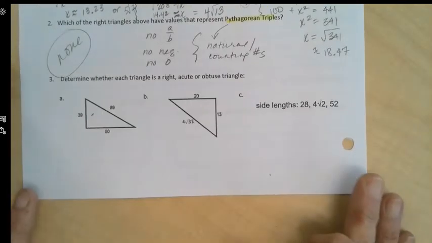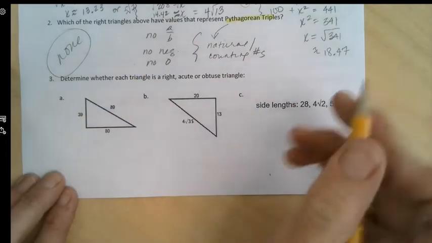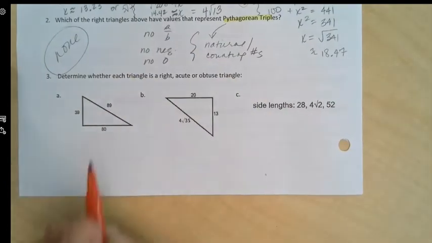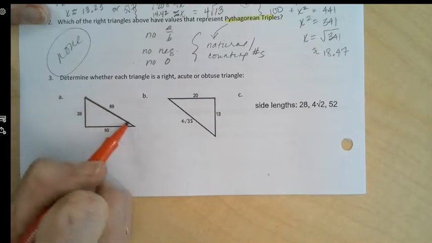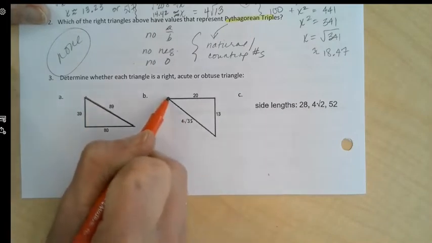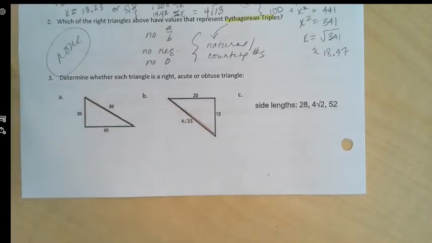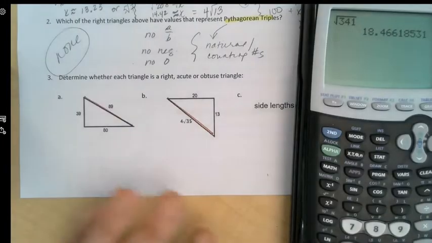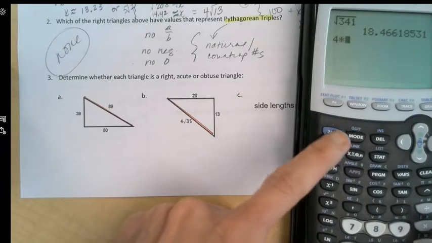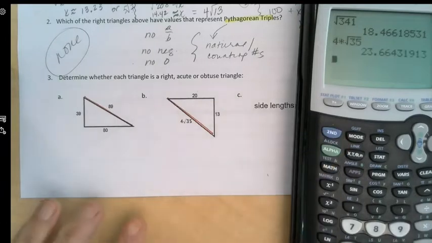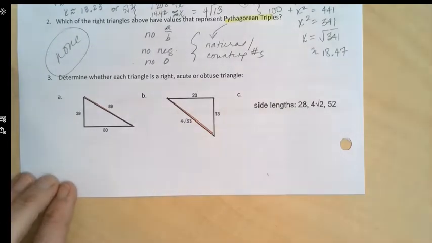All right, check out A, B, and C. What we want to do is check out, this is definitely our c, which is our longest side. Let's check out this value, 4 times the square root of 35. Yeah, that's definitely the longest.